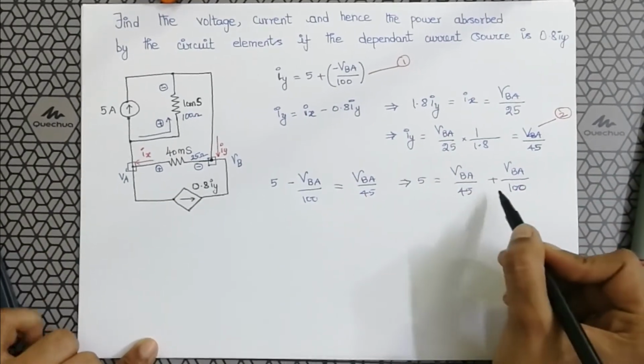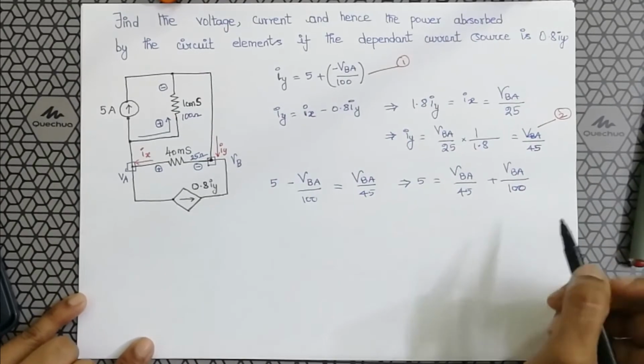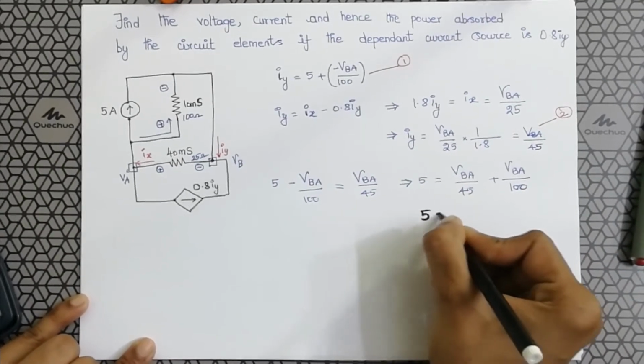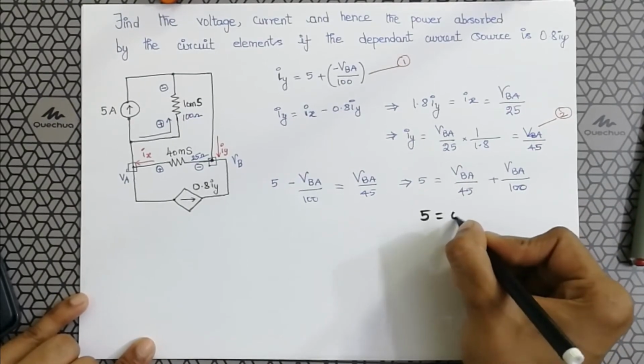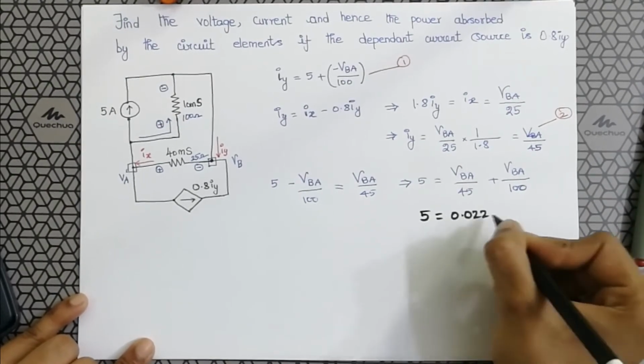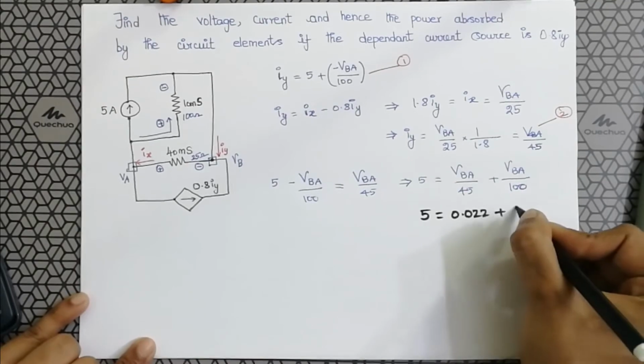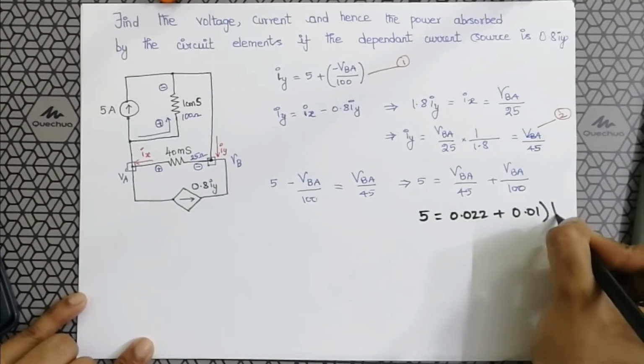Instead of taking LCM and solving for this, I have another method. What I usually do is I just substitute 1 by 45 as 0.0222, plus this is 0.01 into VBA.